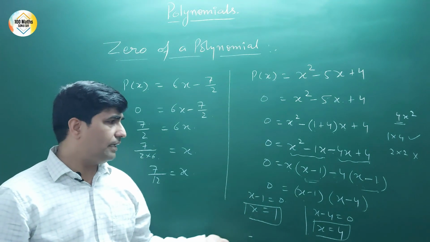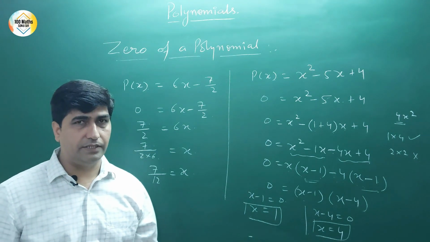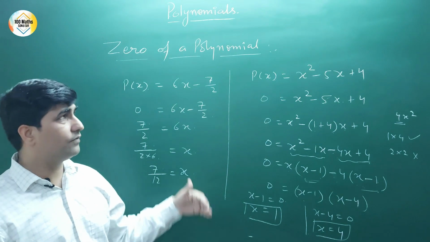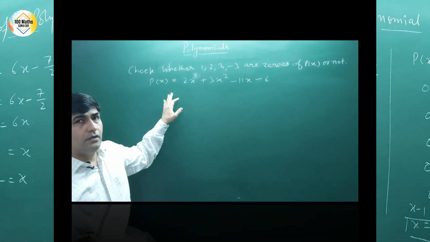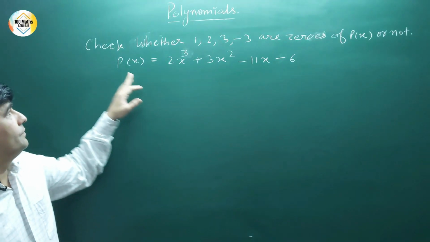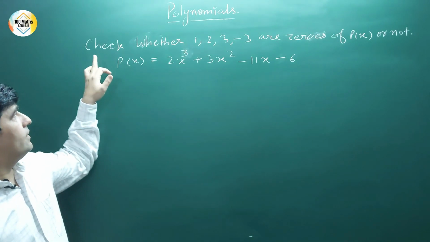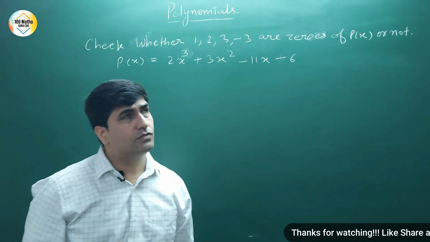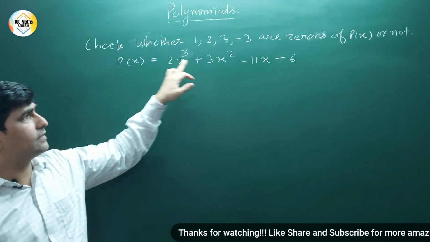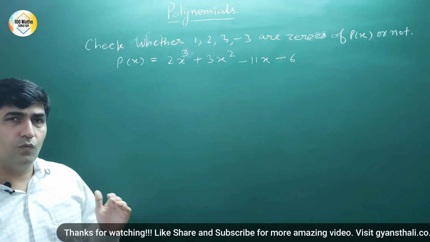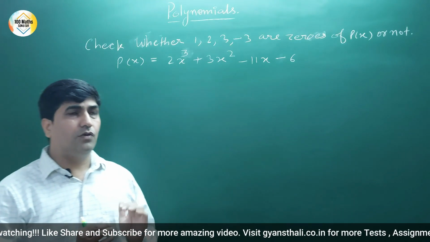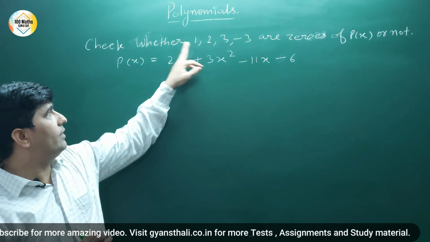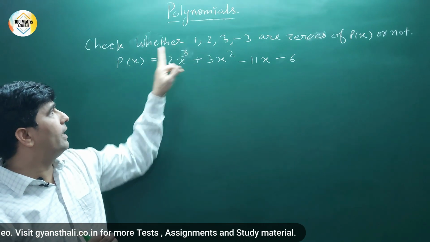Sometimes they ask this question in a different way, right? I will discuss that also. That is my next question. Look at this question. The question says: check whether 1, 2, 3, minus 3 are zeros of the given polynomial in x or not. So what will we check? We will find p1, the value of the polynomial at 1.